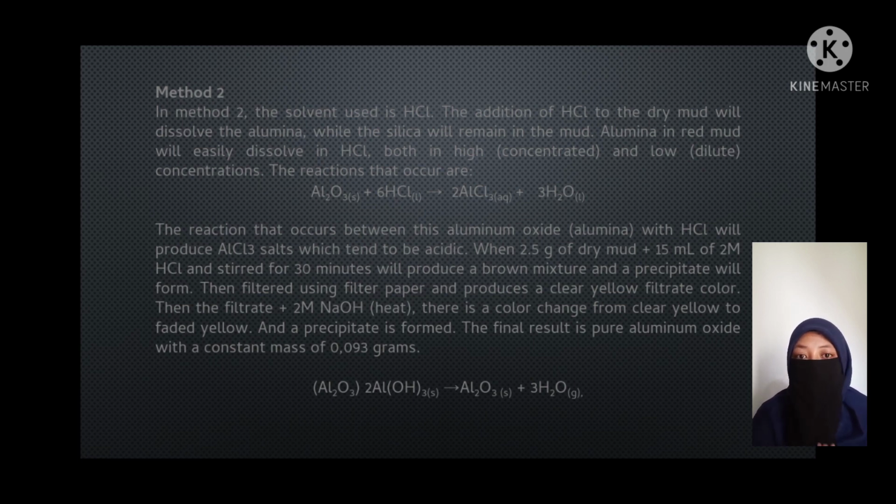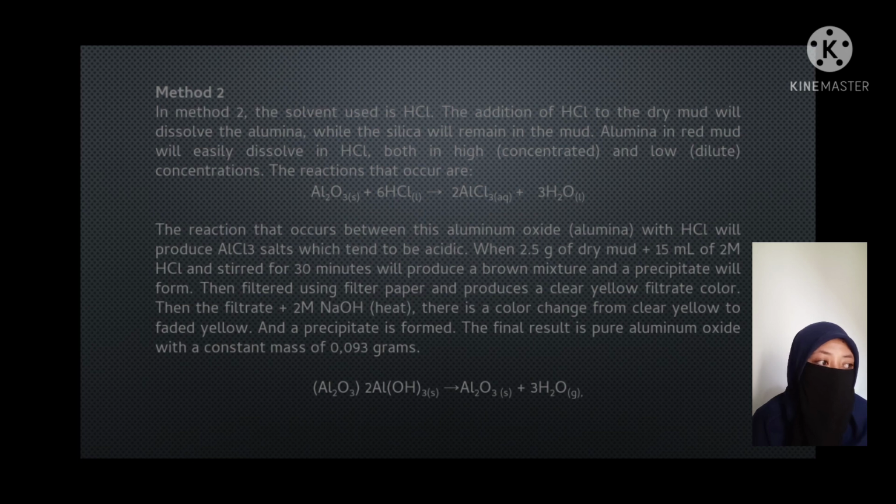Then, when 2.5 grams of dry mud plus 15 ml of 2M HCl is stirred for 30 minutes, it will produce a brown mixture and a precipitate will form. Then it is filtered using filter paper and produces a clear yellow filtrate color.